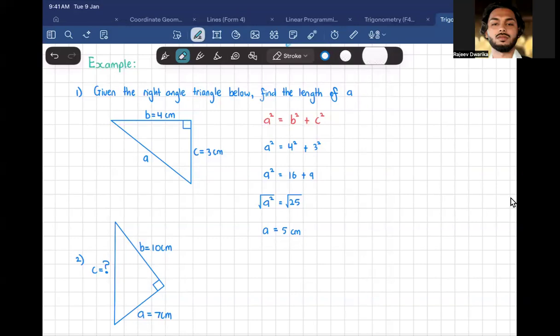And Carissa, don't forget to put units, right?